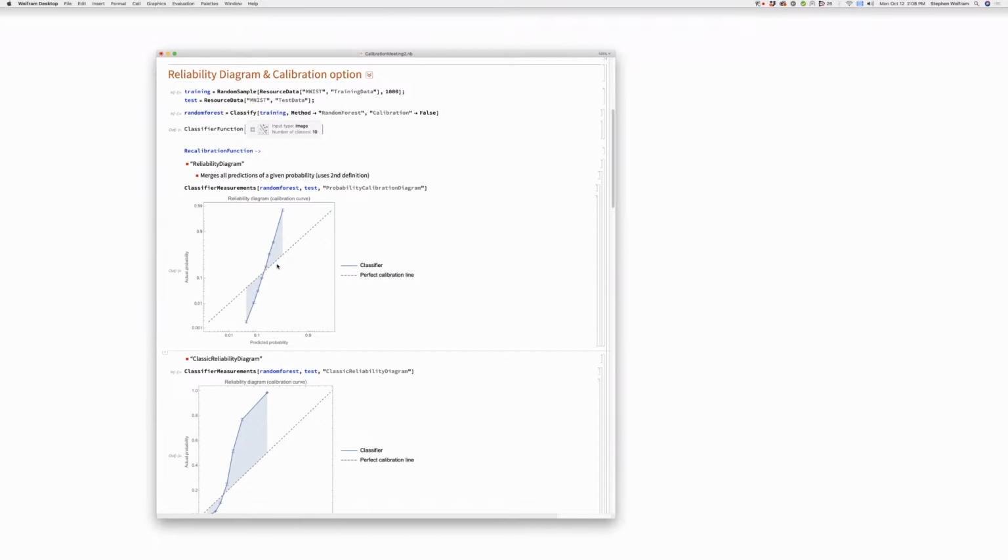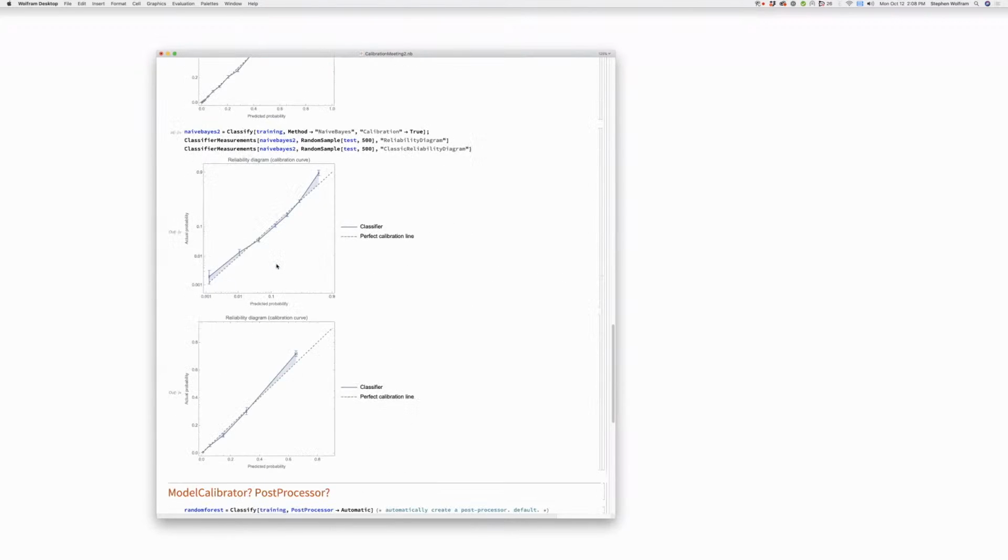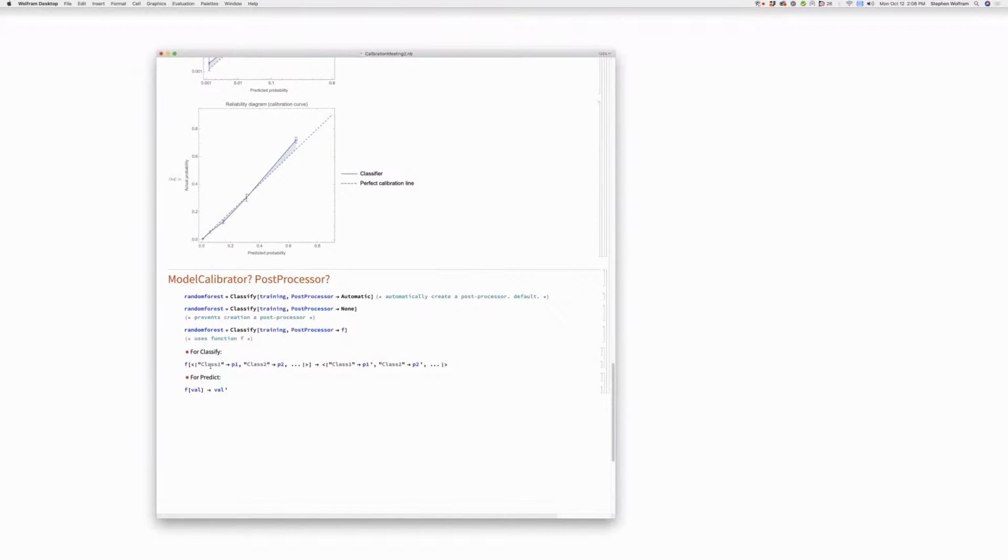But in general, it could depend on the class, right? If you knew the class, your recalibration function is basically a general post-processor. But this isn't even right, because it's a function, right?